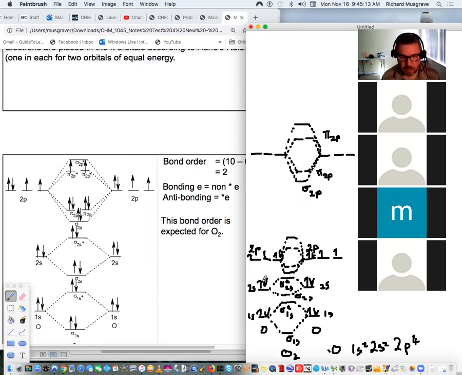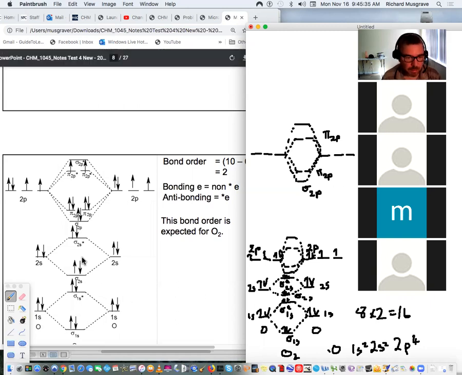We've got a total of 16 electrons. That's 8 times 2 equals 16 electrons. And we put them in and we fill these exactly the same way as we'd fill regular orbitals. So 2 go down the bottom here, another 2 go up here, 2 go in the 2s, another 2 go in the 2s up here. So at this point, we're here in the diagram.